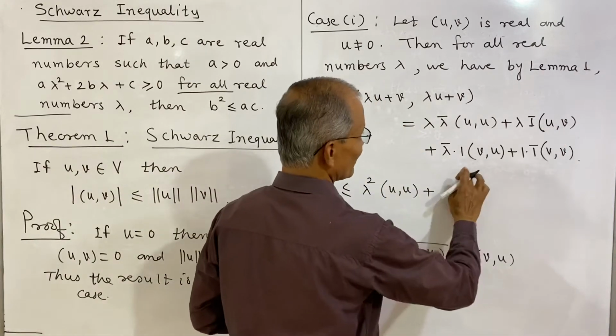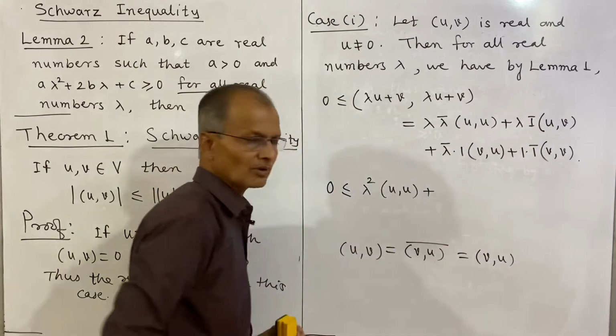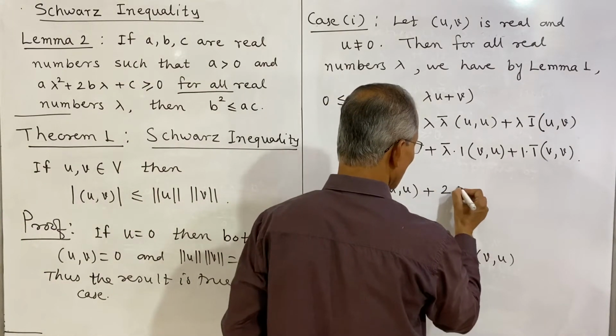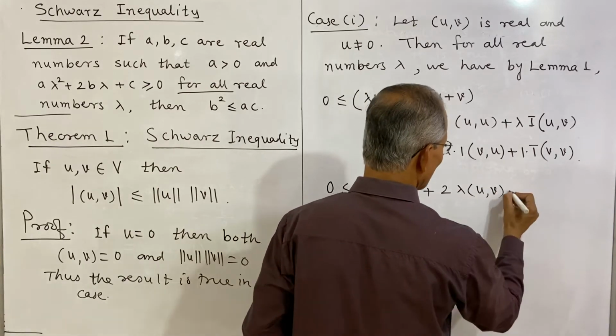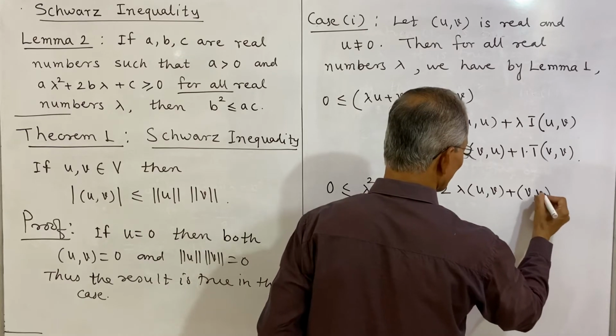So these two are equal, and thus these two terms become equal, because lambda is also equal to conjugate lambda, and this term becomes twice lambda into inner product of u and v, and the last is also 1 into 1, and that is inner product of v with v.